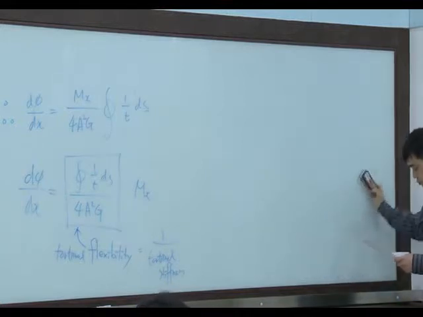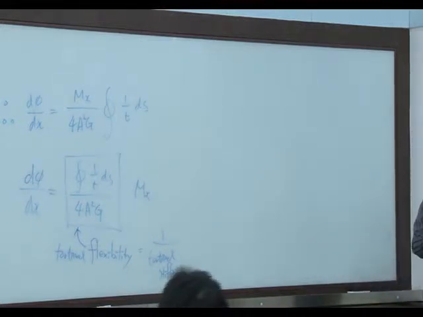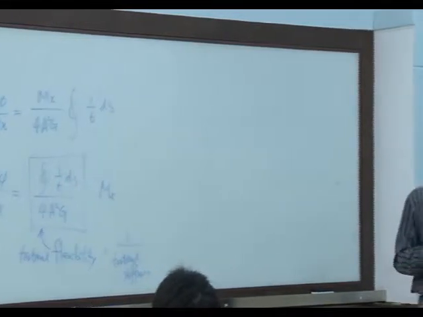So for the circular cross-section case, torsional stiffness was proportional to GJ. It was GJ.